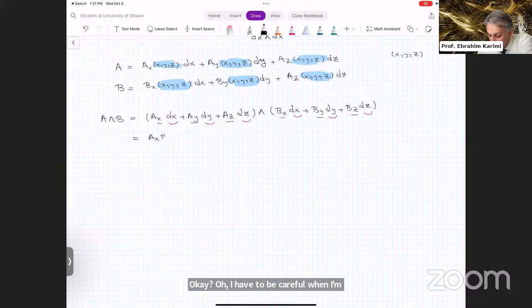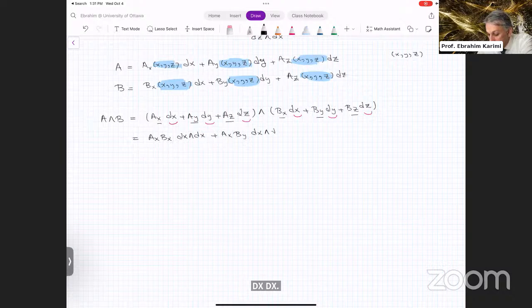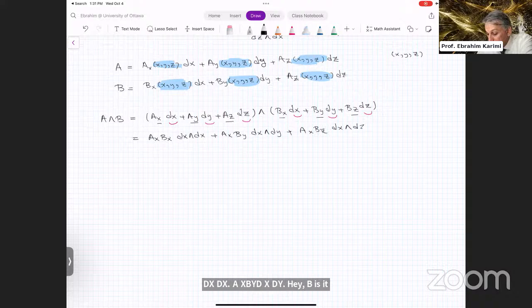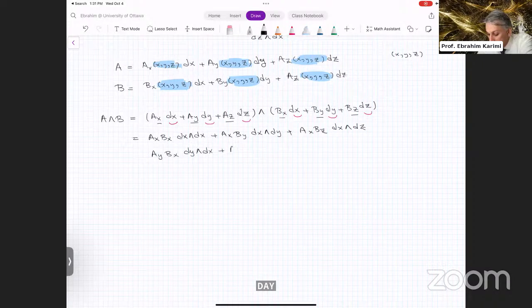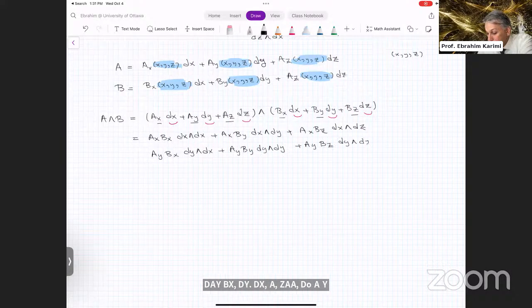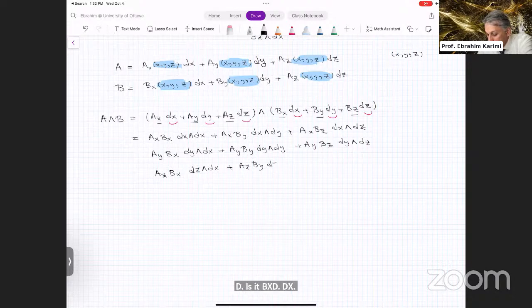So the first term will be ax bx dx dx, ax by dx dy, ax bz dx dz, ay bx dy dx, ay by dy dy, ay bz dy dz, az bx dz dx, az by dz dy, az bz dz dz.